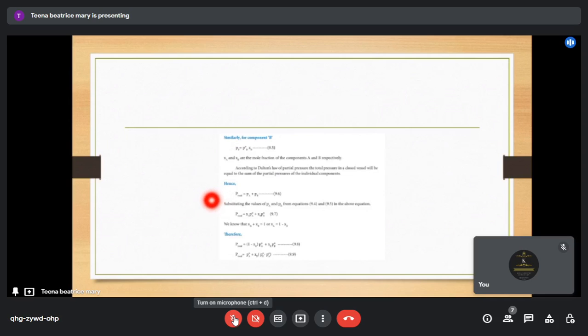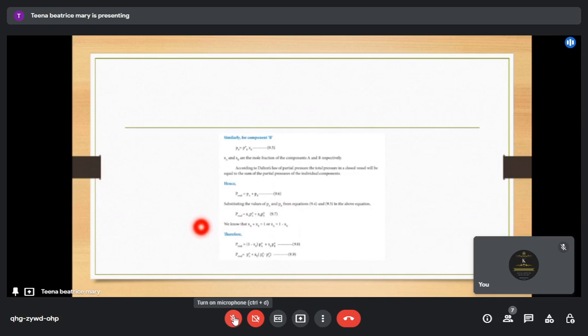P total is equal to PA plus PB, so P total is equal to XA P naught A plus XB P naught B. Since XA plus XB is equal to 1, XA is equal to 1 minus XB.